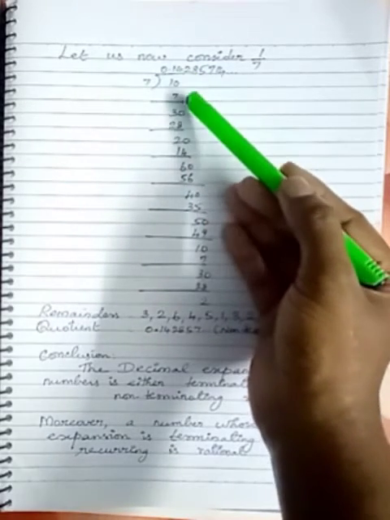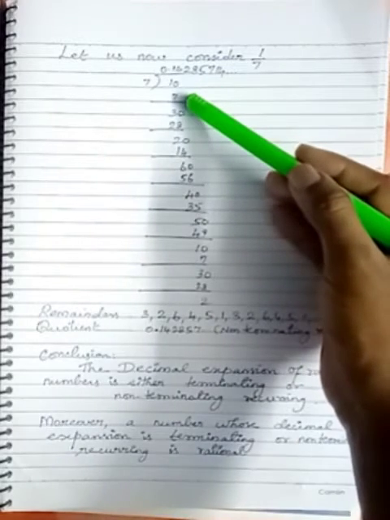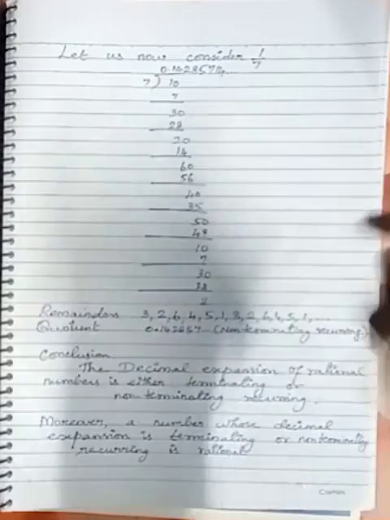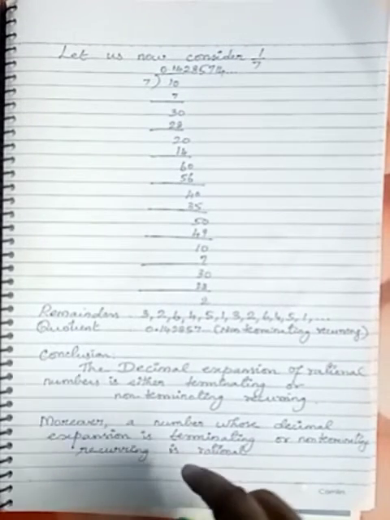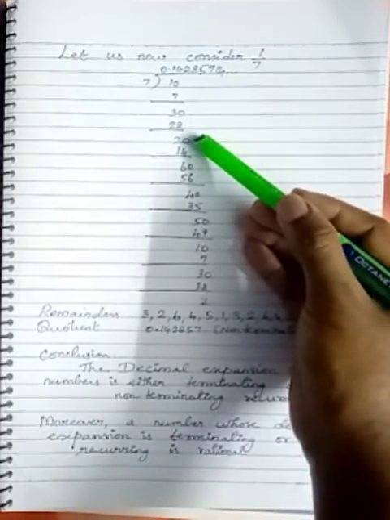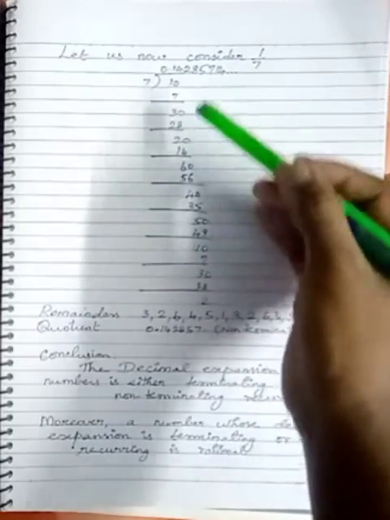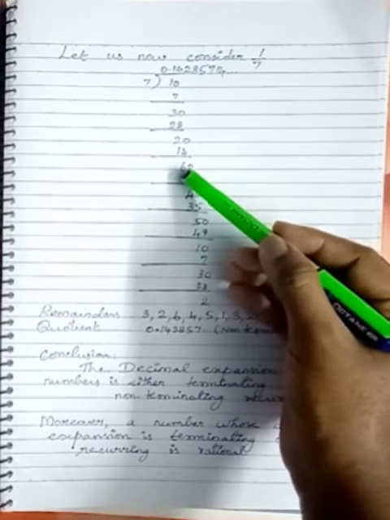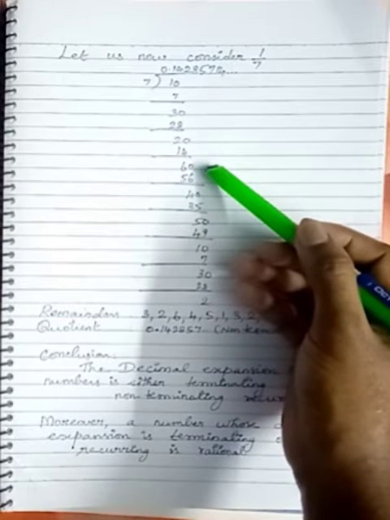Now 7 ones are 7. So 10 minus 7 is 3. So again we can add 0 at the units place. Then 7 fours are 28. 30 minus 28 is 2. Again we add 0 at the unit place. 7 twos are 14. 20 minus 14, again it is 6 now. We add 0 at the unit place.